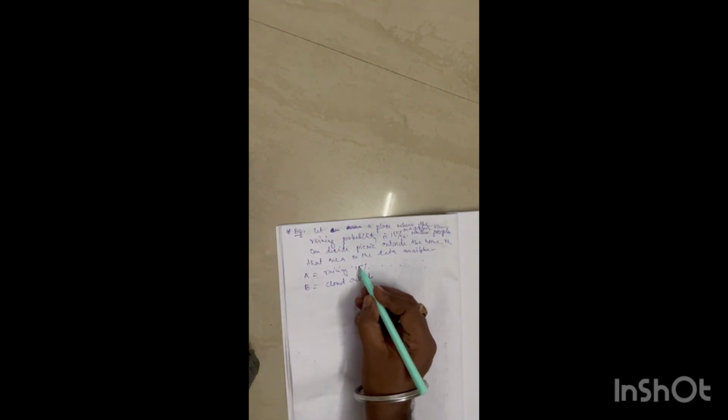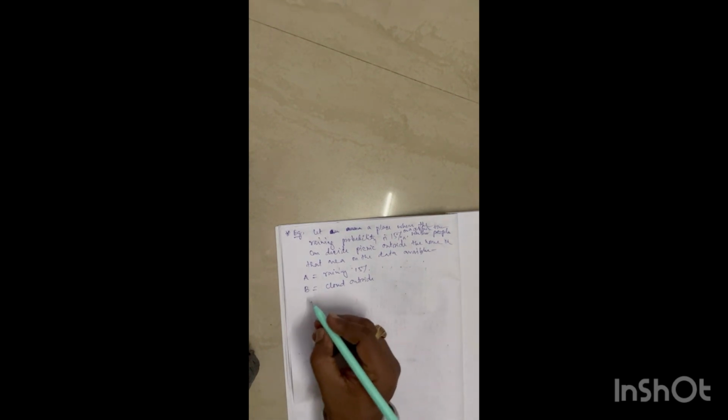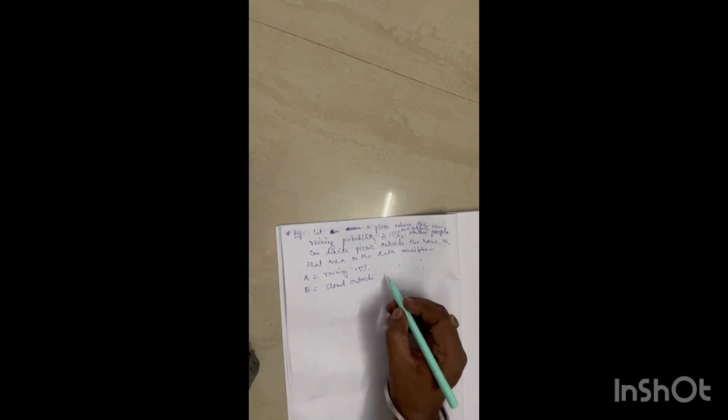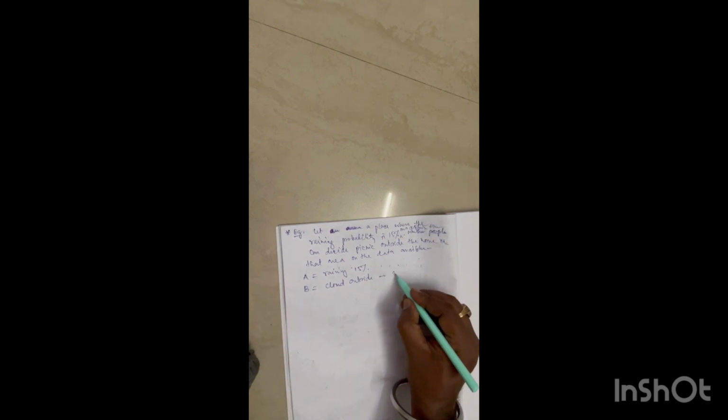So that also gives you some hint whether the raining will probably happen or not. That will be an added advantage, or the event that may tell you the fact that there would be any rain or not. And that also has some percentage, let's say 30%, cloud outside.